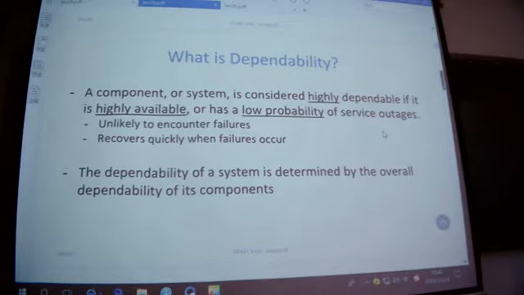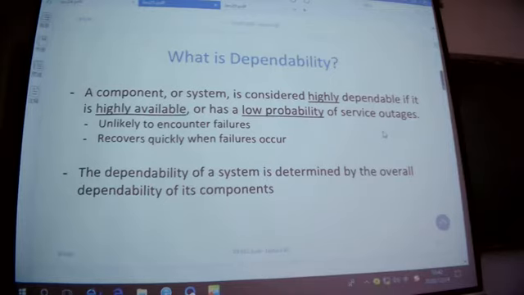A component or system is considered highly dependable if it is highly predictable or has a low probability of service outage. You can see it is unlikely to encounter failures, or it recovers quickly when failures occur.